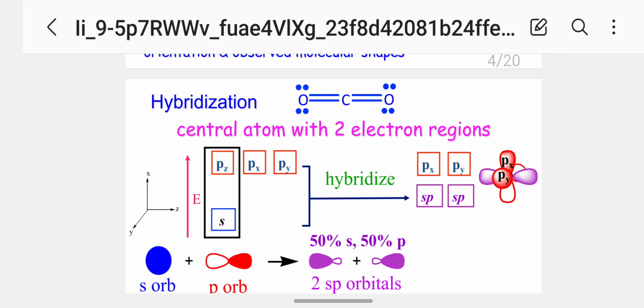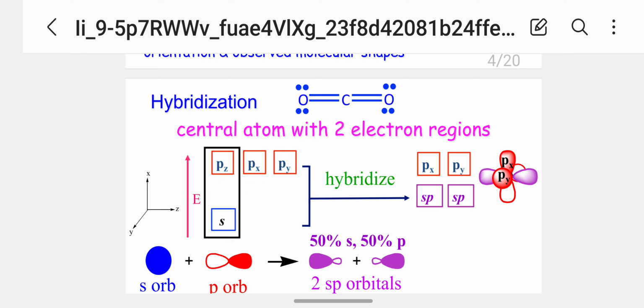And the concept of orbital: we have Pz, Px, Py and s orbital that will hybridize and respectively will form Px, Py. And the Pz will combine with this and will form 2 sp, or will form 1 sp and another sp.